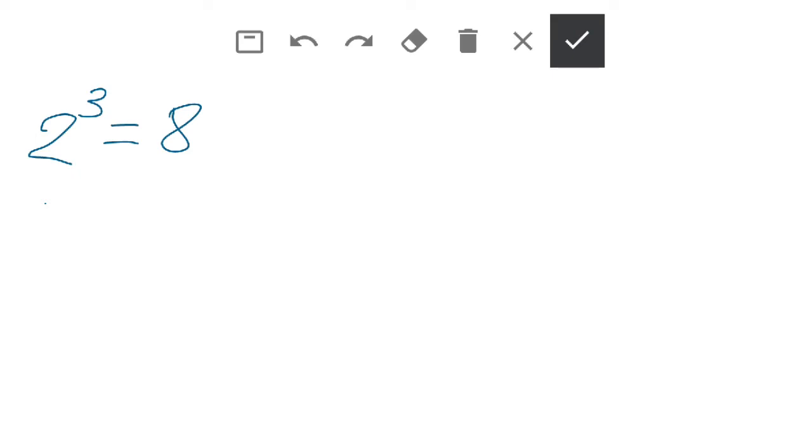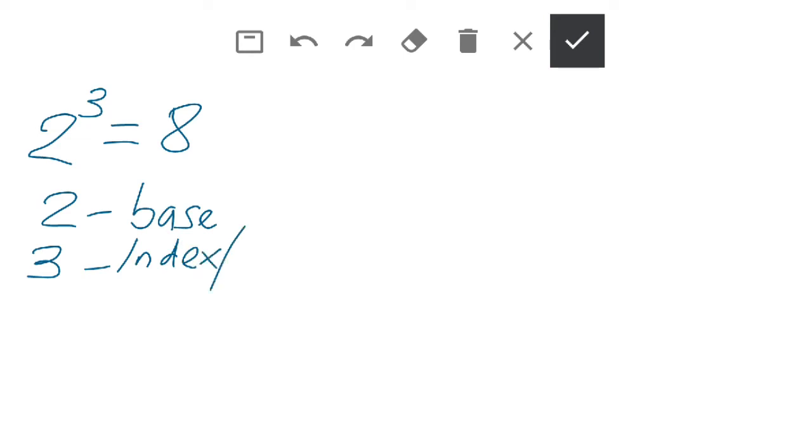We have 2, 3, and 8. 2 is referred to as the base. 3 is referred to as the index, plural indices. It is also referred to as the power. We can also call it the exponent.